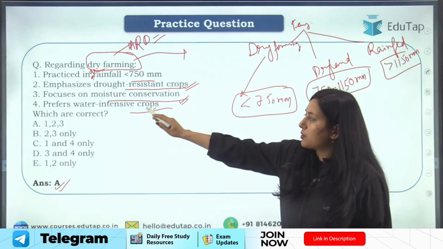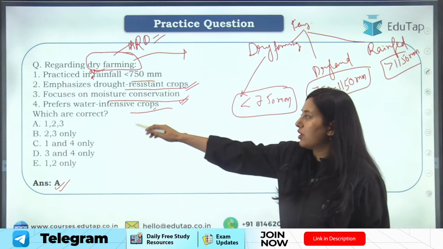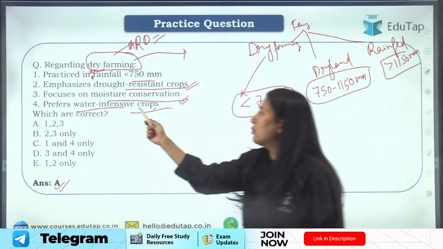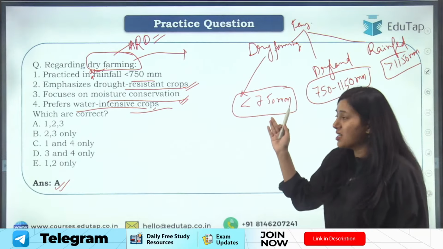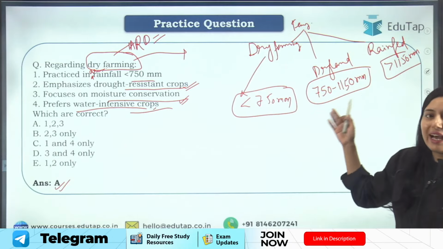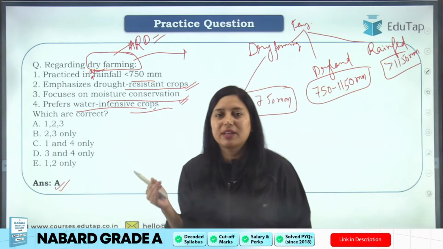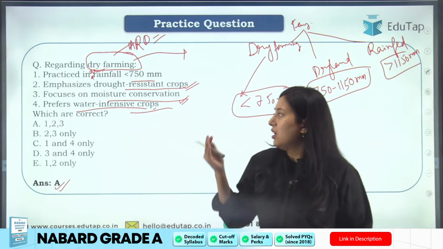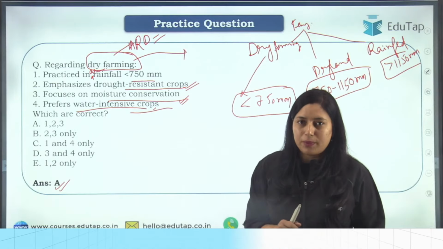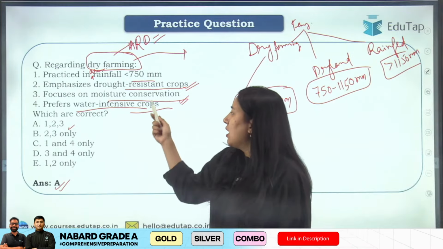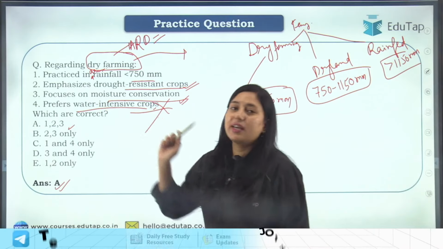But if I see option 4, statement 4, prefers water intensive crop. So students, if we prefer water intensive crop for such areas where already there is a lack of water, what will happen? These crops will not survive, right? Because there is no water available for sustaining such crops. So here answer will be option A, 1, 2 and 3 are correct, while statement 4 is incorrect.